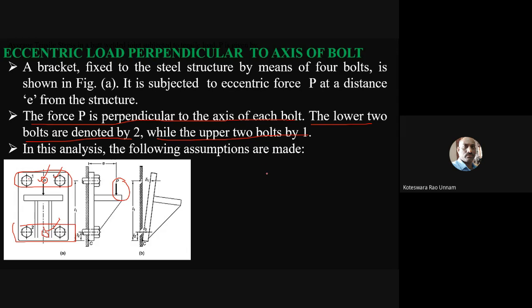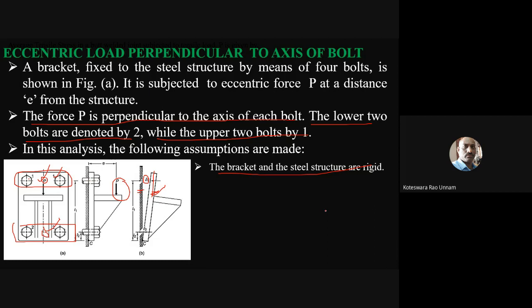Assumption one is that the bracket and steel structures are rigid. This is the bracket and this is the structure, so they are not going to deform. Then only it is possible. If they are also flexible members, then this delta will consist of a combination of deflection of the bracket as well as the bolt. So I don't know how to calculate the load taken by the bolt in that case.